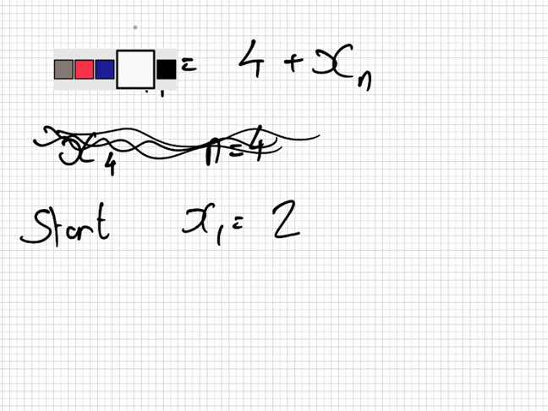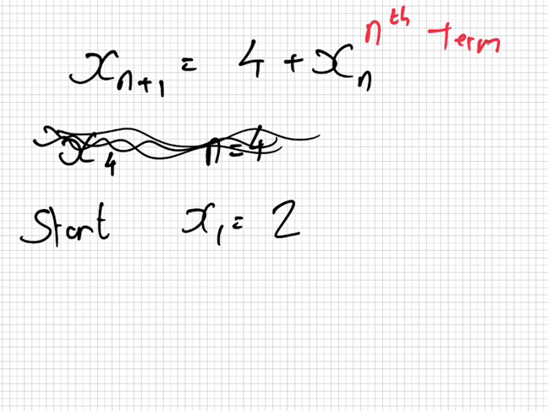The way you read this is, xn is the nth term. Like if this was 7, this would be the 7th term. If it was 8, it would be the 8th term. But this is n plus 1, so this is the nth plus 1 term.